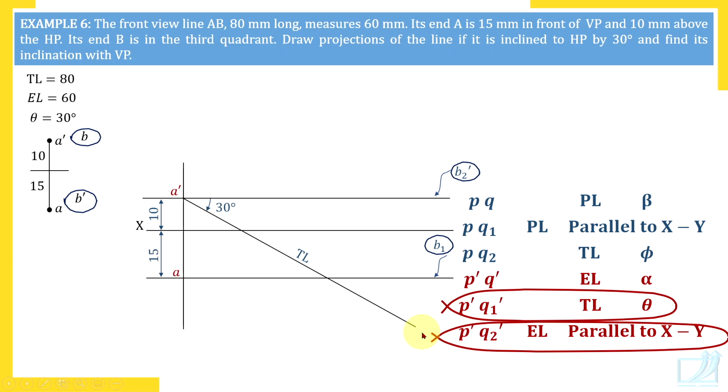And label immediately this end B1 dash. Also we can draw P dash Q2 dash, because to draw it only EL is required. EL is 60. So draw A dash B2 dash. What length you have measured here? EL means 60 millimeters. So this point is B2 dash. Erase the rough label. So we got B2 dash.